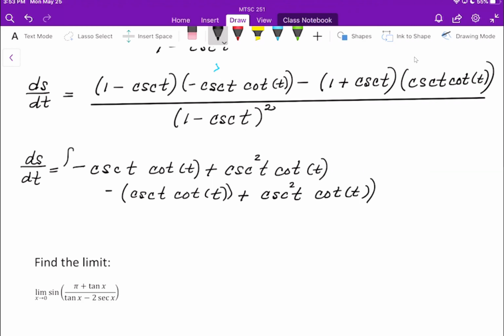And all of that is over my 1 minus cosecant t quantity squared.